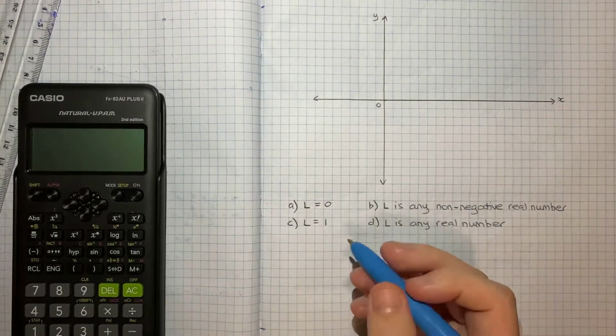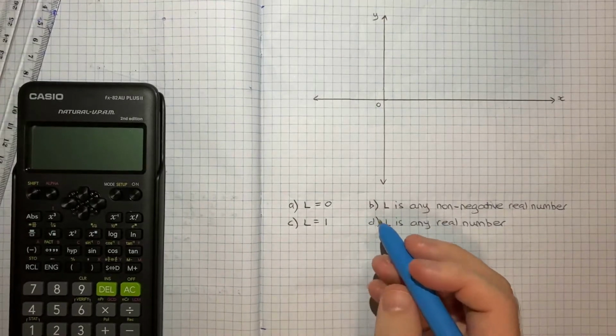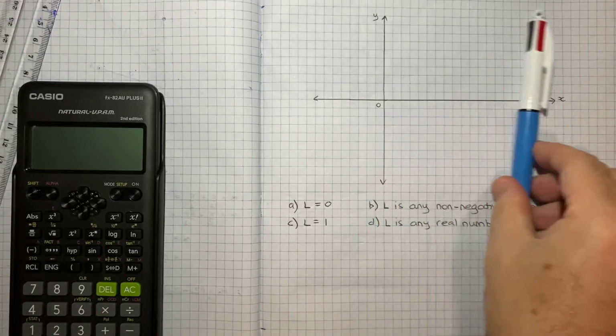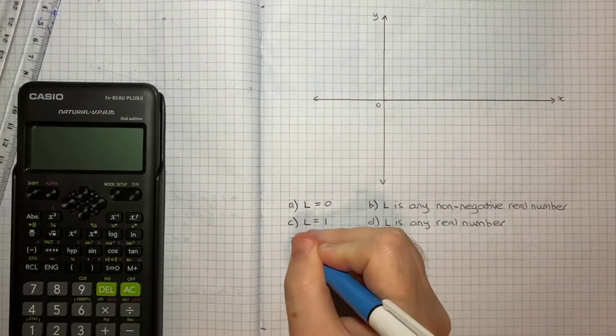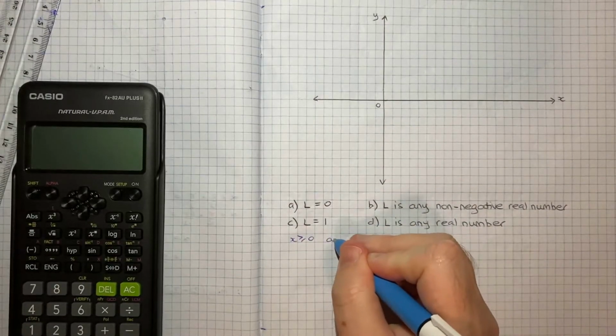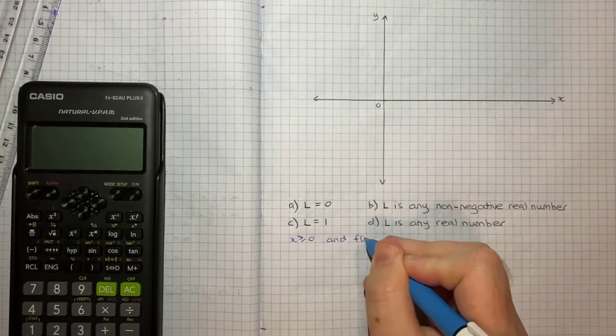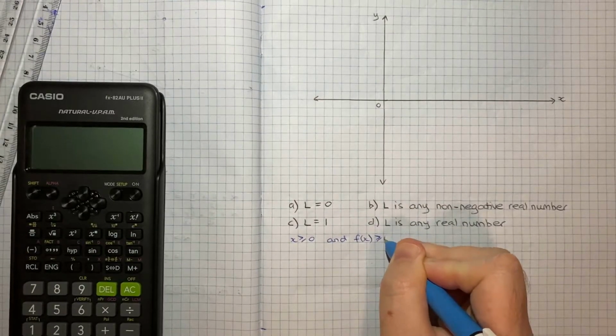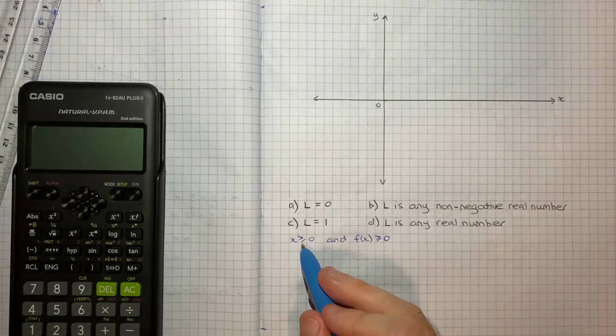So in terms of what we're dealing with, we're told we're concerned with the x in the positive domain. So we know we're dealing with x greater than or equal to 0. And we're also told that the function f(x) is also greater than or equal to 0 in that domain.